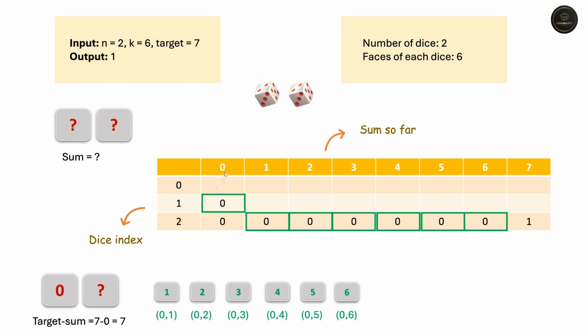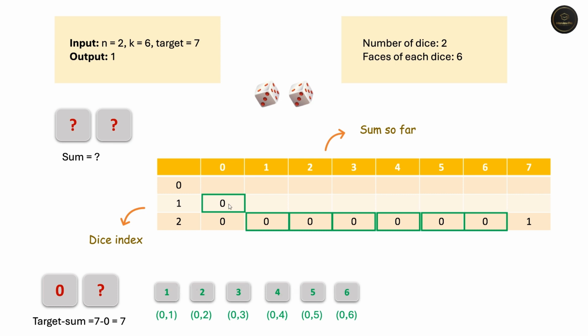For dice 1, if the previous sum is 0, what are the different possibilities that I can check? I can put 1, 2, 3, 4, 5 and 6. So now since the target sum is 7 and the sum that we have so far is 0, we can check till we get the sum 7. So I have all these combinations here.